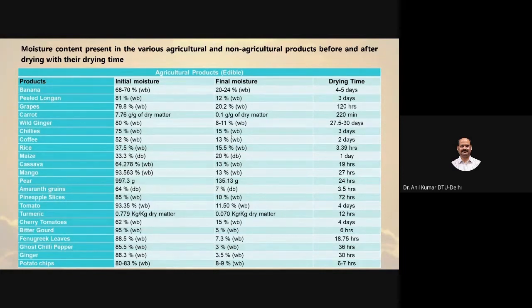If the temperature exceeds the desired temperature for some fruits or vegetables, definitely the nutrient value will decrease. We lose its nutrient value. So we have to be very careful about the operating temperature, the drying air temperature.